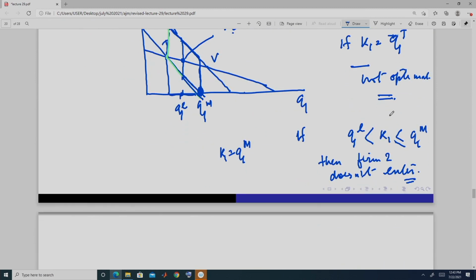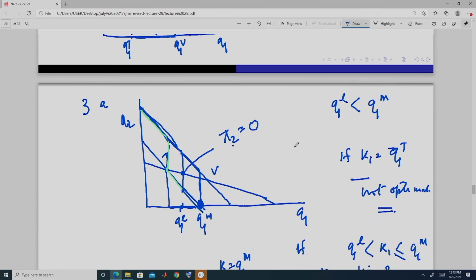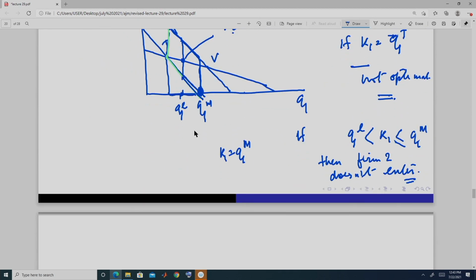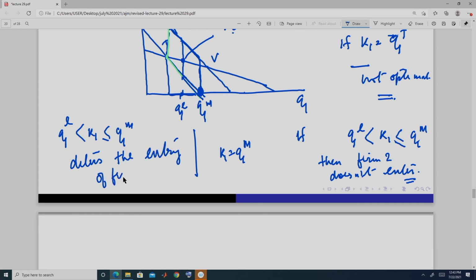So, K1 lying at any point in this range deters the entry of firm 2, and this is also a situation of something like blockaded monopoly, because what is firm 1 producing?